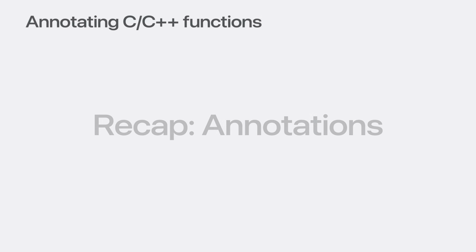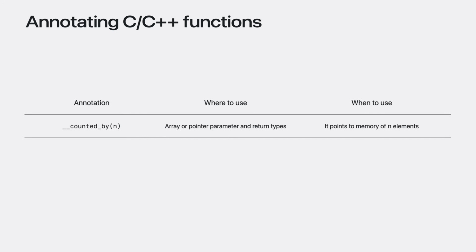Annotating code to provide missing information enables Swift to safely use C and C++ functions and types. These annotations don't change how the code works. They just make assumptions in the code explicit. Let's recap the annotations we've covered and how to use them. If a function parameter or return is a pointer or array type, and it points to memory of more than one element, use the counted by annotation to indicate the number of elements.